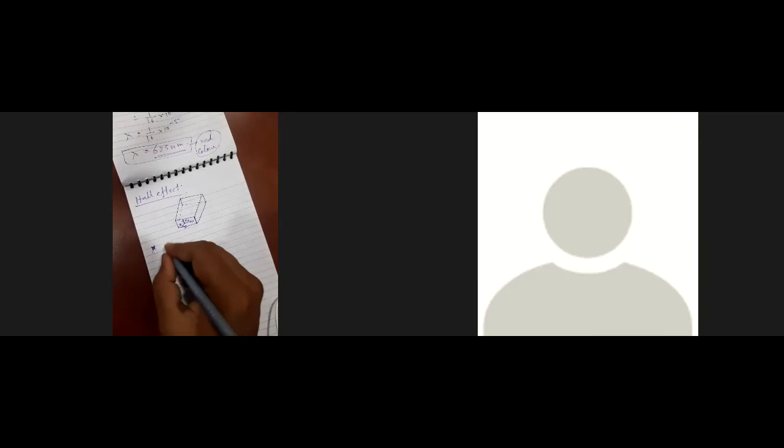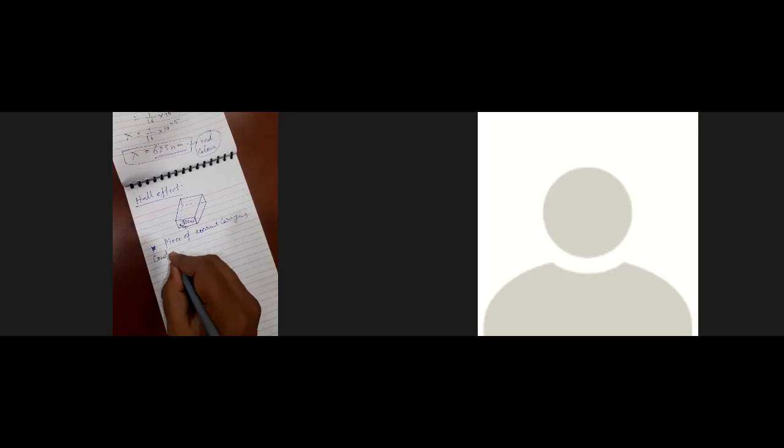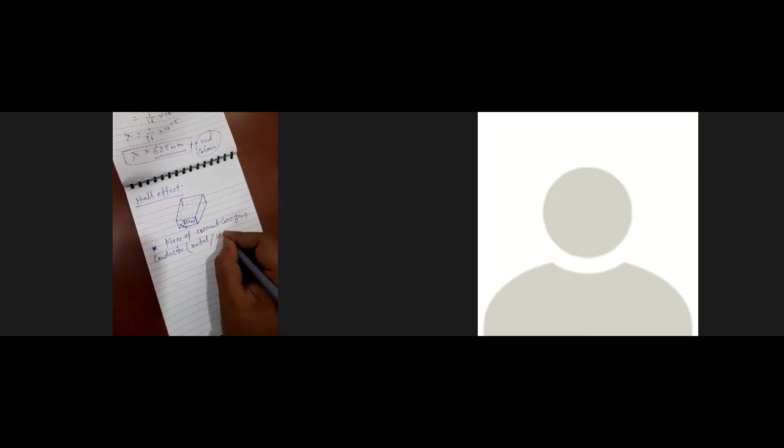So in the X direction, if we consider a piece of semiconductor, the piece is a current carrying conductor, whether it is a metal or semiconductor.